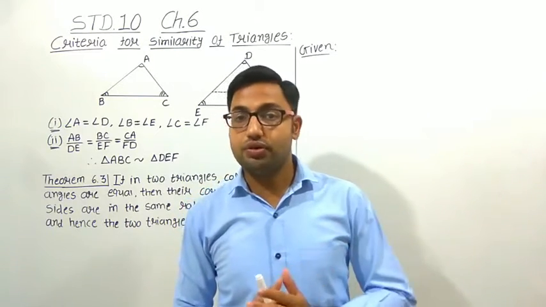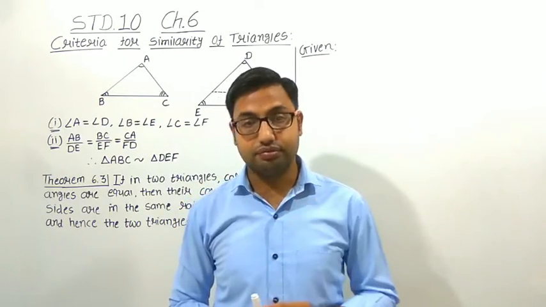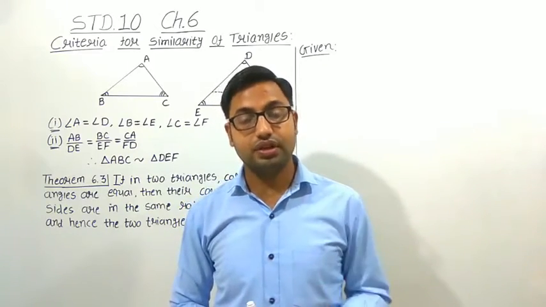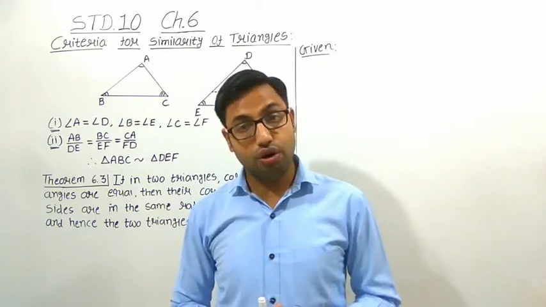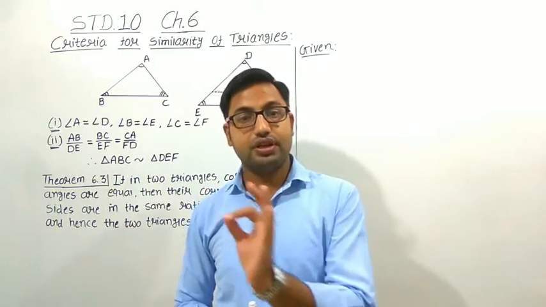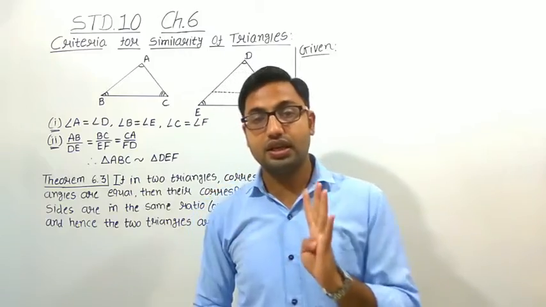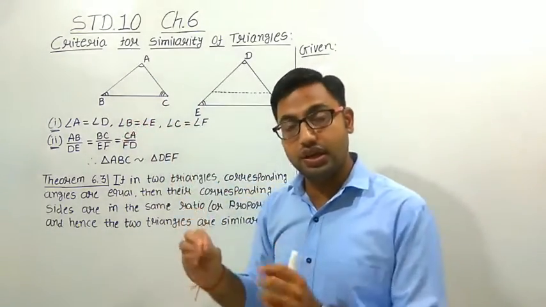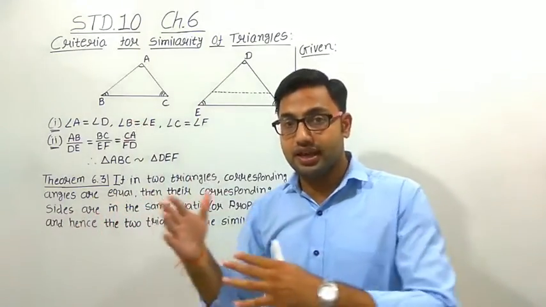The minimum we have to prove is only three: either all three sides, or two sides and one angle, or two angles and one side, or right angle, hypotenuse and side. If these three properties are equal, then we can say that the two triangles are congruent.